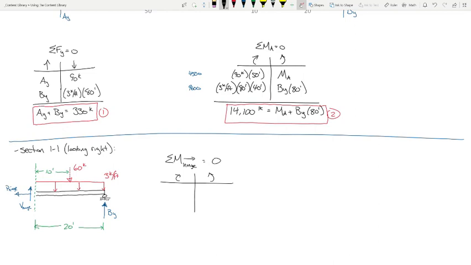So summing moments at the hinge, setting that equal to 0, what do I have? Do I have to consider these at all? Okay. So I've got 60 times 10 and BY times 20, right?